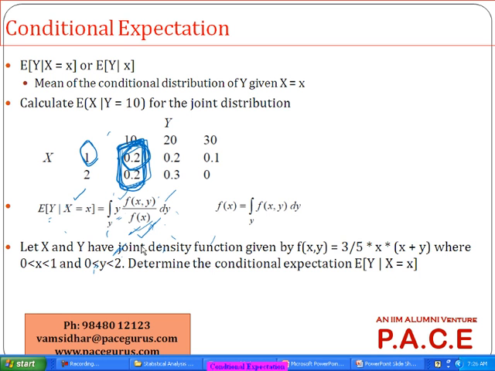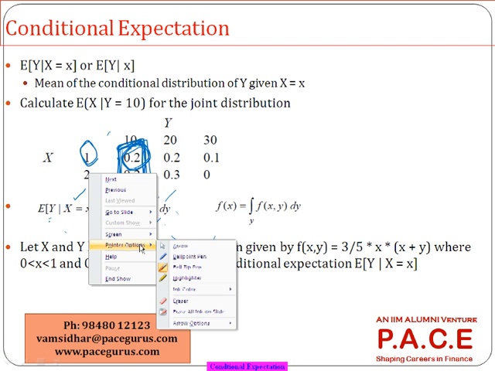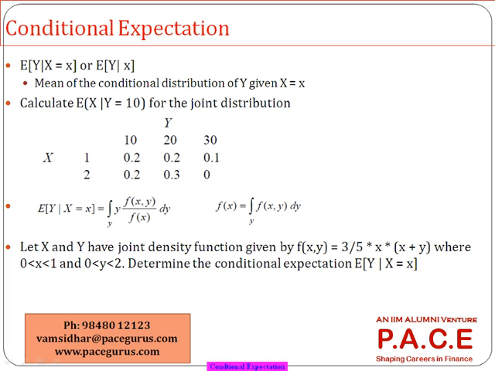Now let's take one numerical which will do the entire job for us and try to solve it. Let x and y have the joint density function given by f of x, y equal to 3 by 5 x into x plus y, so 3 by 5 into x squared plus xy, where 0 is less than x less than 1, 0 less than y less than 2.